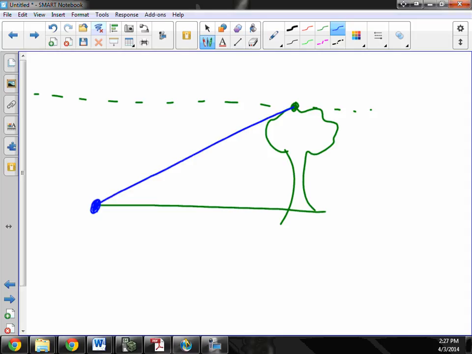The angle from the ground to wherever you're looking at is called the angle of, not ascent, elevation, which is equal to this angle, because the two lines are parallel and they're alternate interior angles. This angle, if you're up high and then you tilt down low, is called the angle of descent.